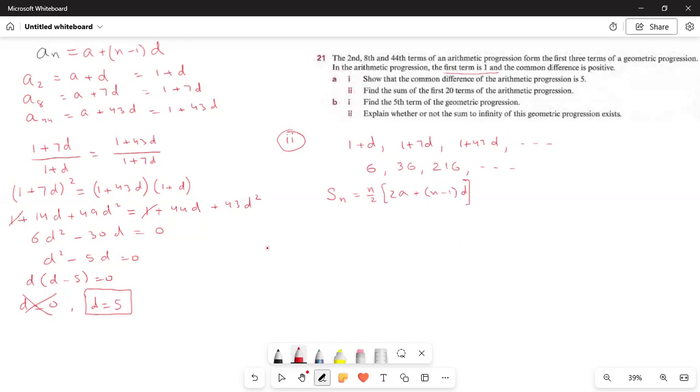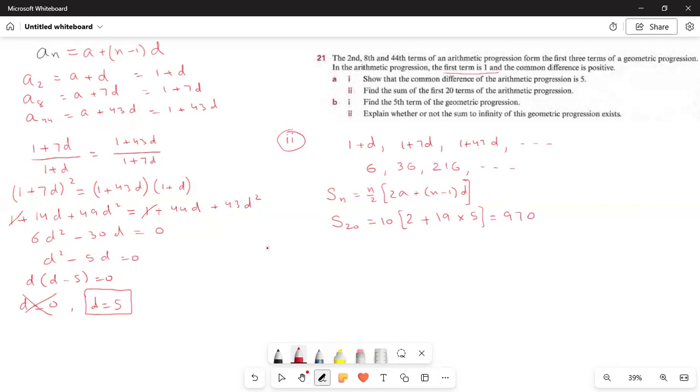So if I want to find the sum of 20 terms, it is going to be 20 by 2, which is 10. The first term is 1, remember? So this is 2 plus 20 minus 1, which is 19, times 5. So this is going to be 95 plus 2, which is 97, and it's going to be 970.